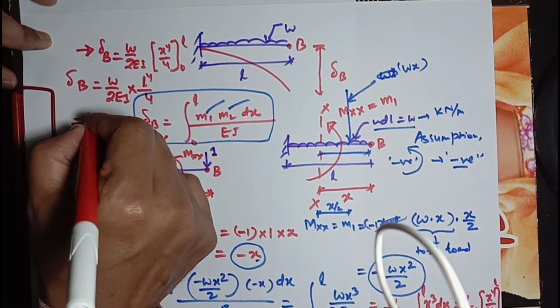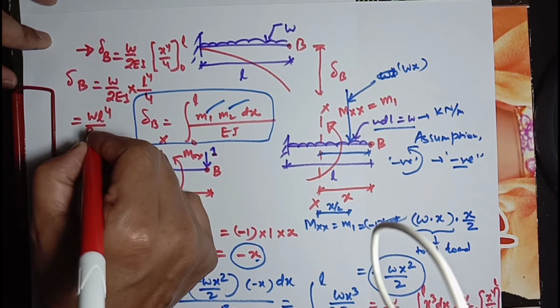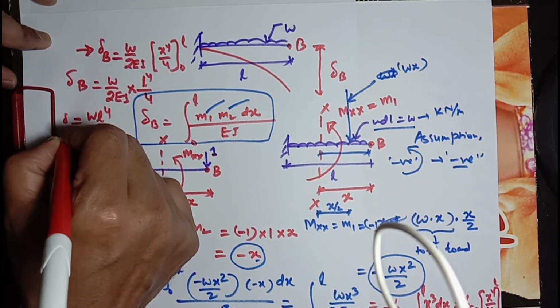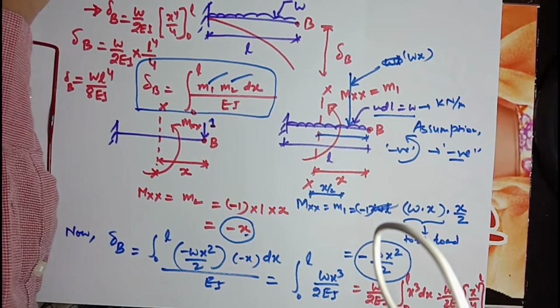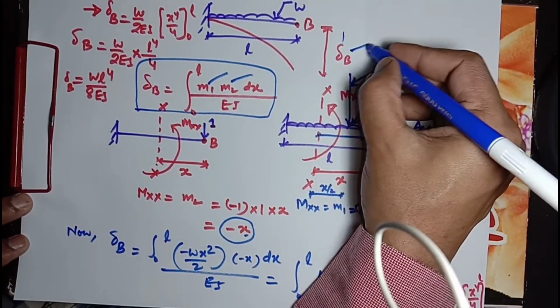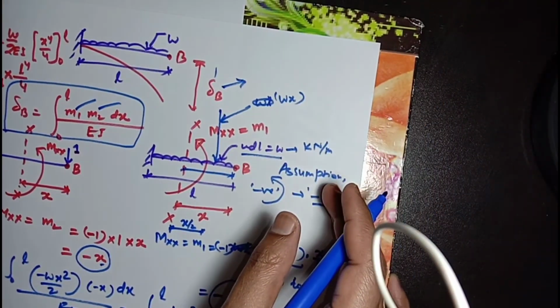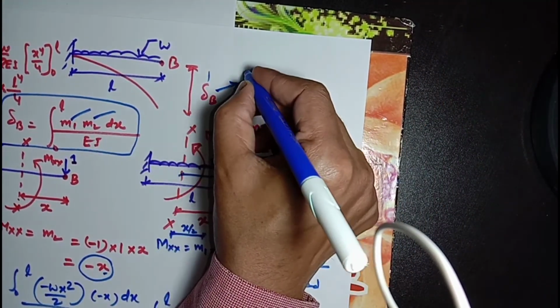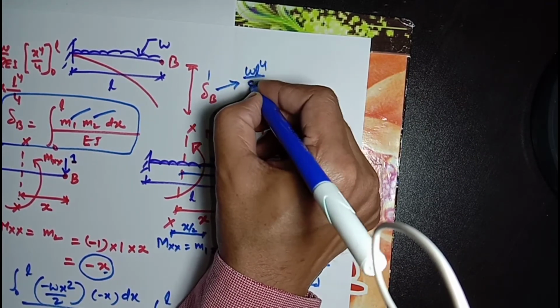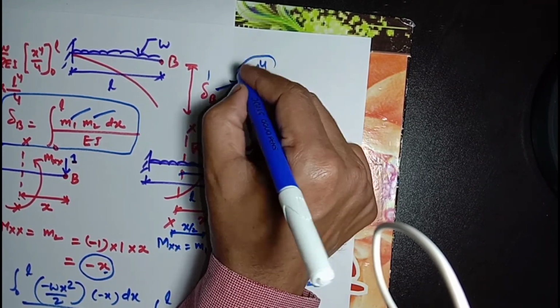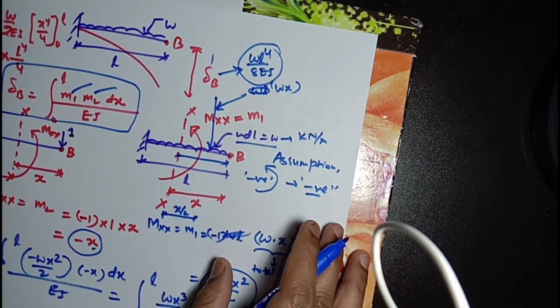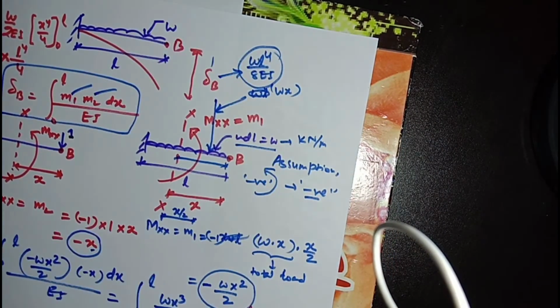It will be WL to the power 4 divided by 8EI, delta B. Now delta B will be, as we have calculated here, WL to the power 4 divided by 8EI. This is the deflection at the tip of this beam.